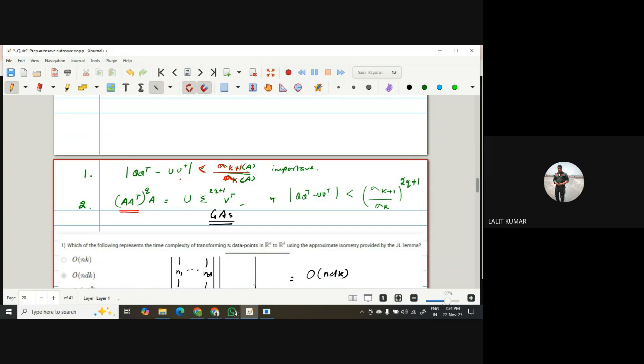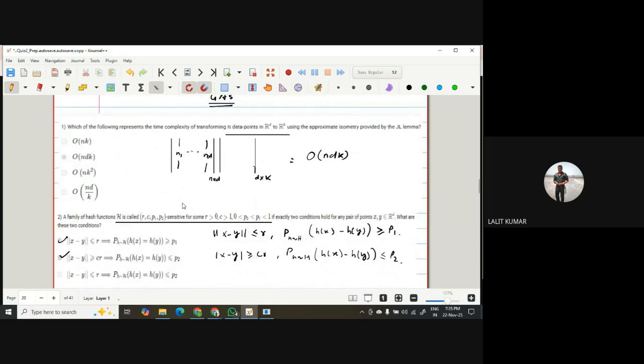This can be written as (A transpose A)^q A, where U and V remain the same and only the eigenvalues change, raised to the power 2q+1. If you put this in the formula, the difference becomes the (K+1)th eigenvalue divided by the Kth eigenvalue, to the power 2q+1. I will cover later how we do this using iteration.